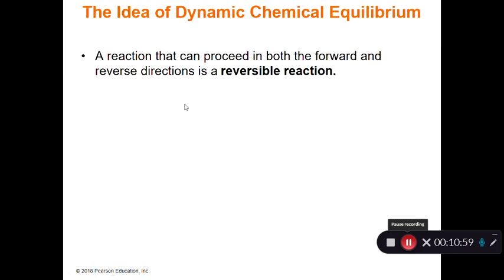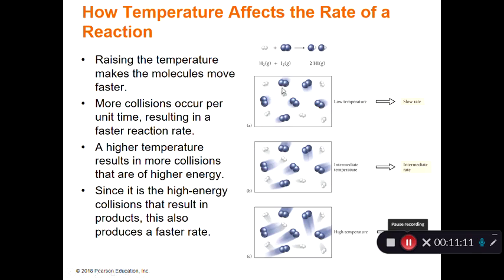When we say a reaction, we are always talking about the forward reaction. But if products combine and make reactants, so these two react to each other to make products, and these two can combine with each other and make reactants.